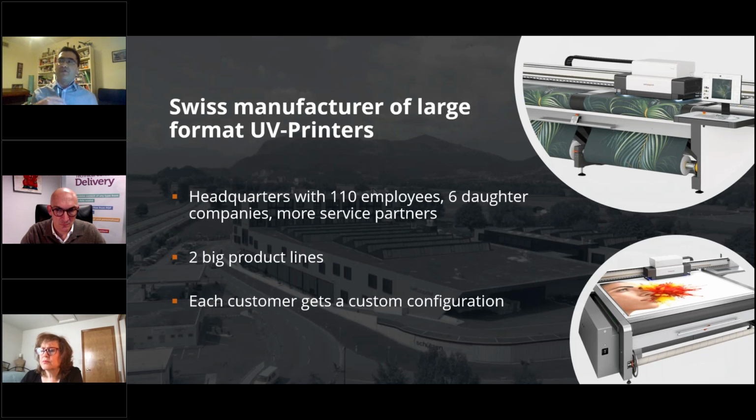So basically, there are no two printers that would be absolutely identical. So they have two big product lines, and as you can imagine, there are a lot of variations in these machines, and therefore a lot of variations in the product documentation.